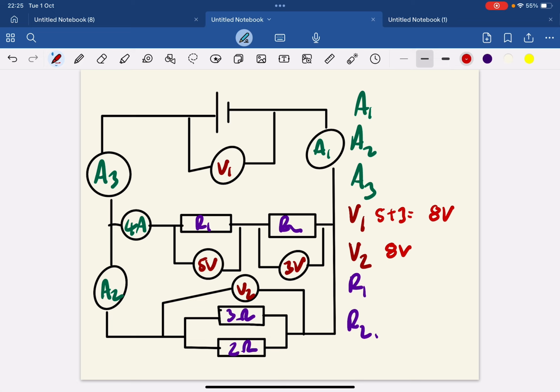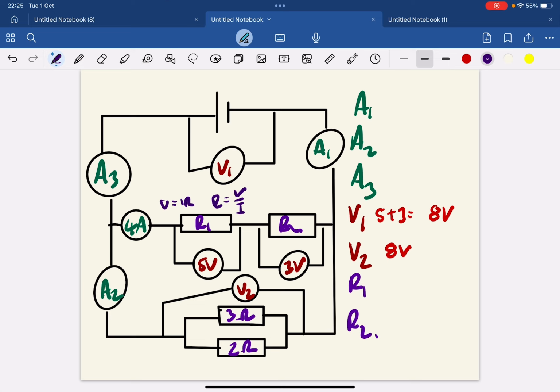We can then work out our resistance for resistor 1. Remember, resistance, we use the equation, so resistance is equal to potential difference divided by current.